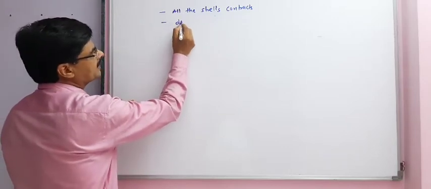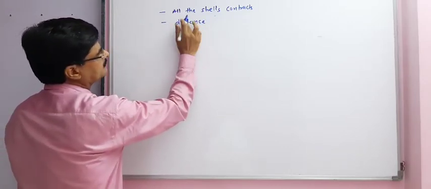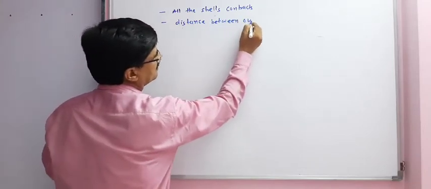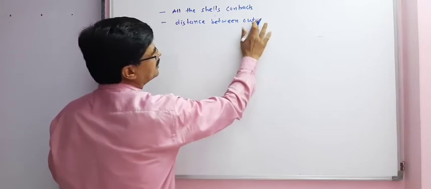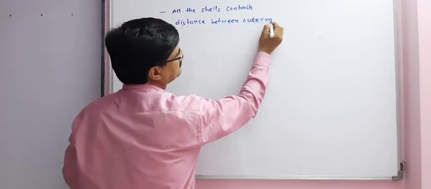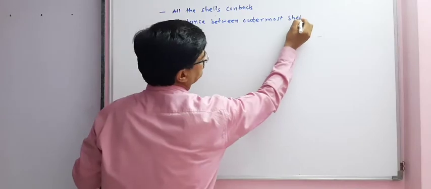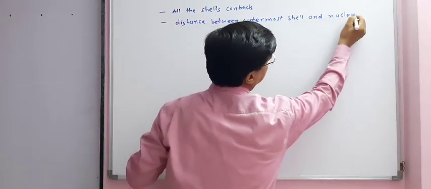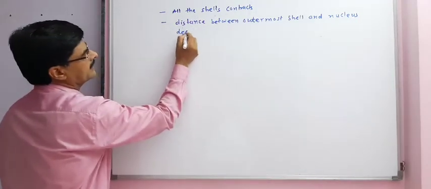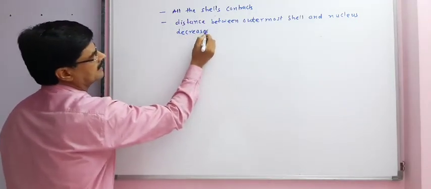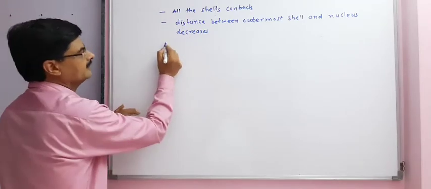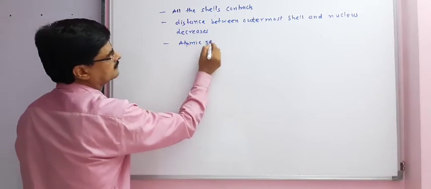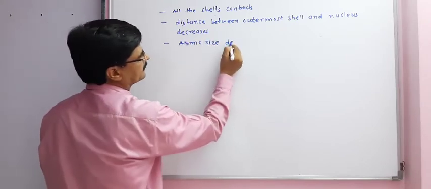So distance between outermost shell and nucleus decreases, and because of that we can say atomic size decreases.